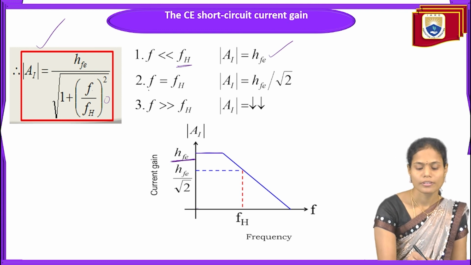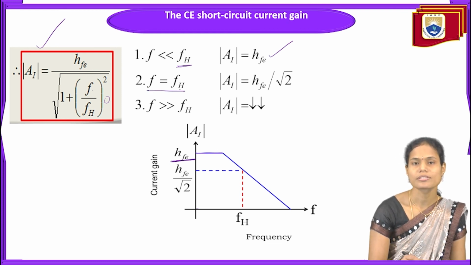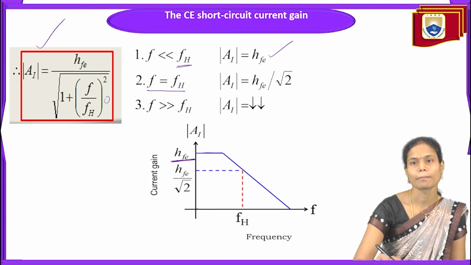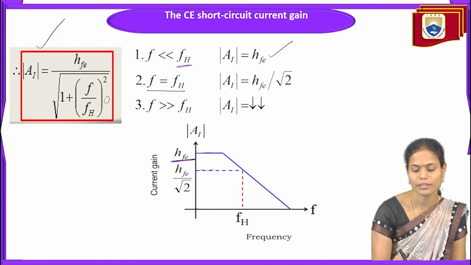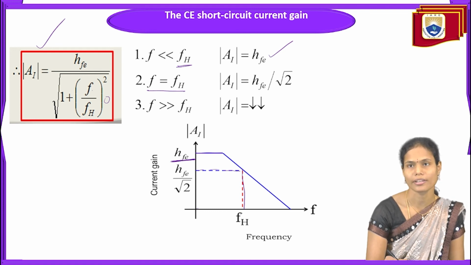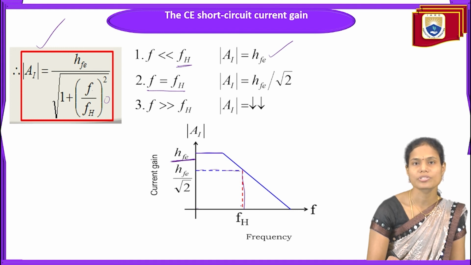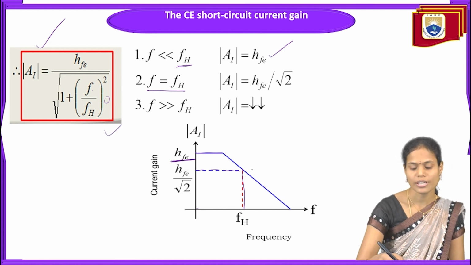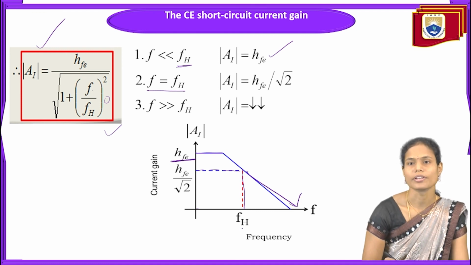When the input signal frequency is equal to the fH frequency, at that time we will get the gain as hfe divided by root 2. That is nothing but the exact higher cutoff frequency. But as the frequency of the input signal increases, the gain value decreases, so we are indicating it with a decreasing indication.